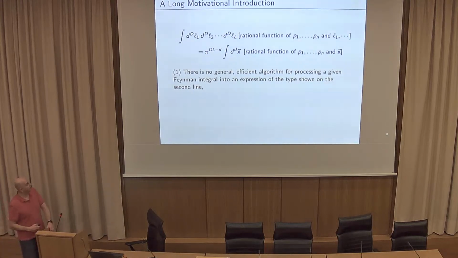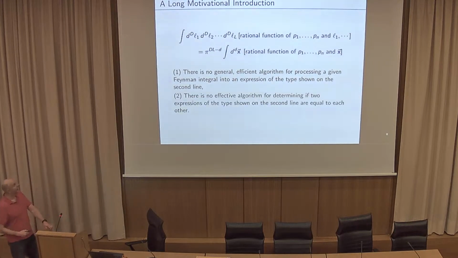There's no general efficient algorithm for starting with something like this and ending with something like this. People write PhD theses on new methods for evaluating Feynman integrals, and there are books on it. But even worse, once you've got down to this stage, there's no effective algorithm for determining if two expressions are the same.